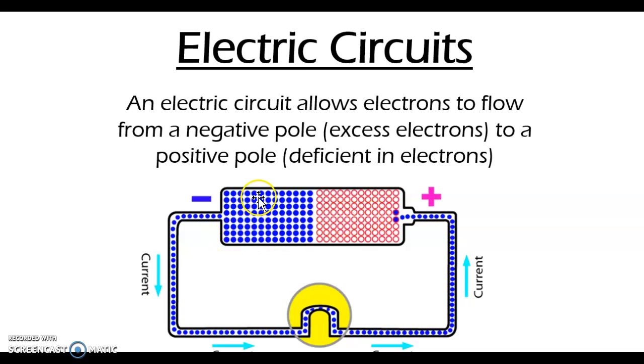Because your electrons are negatively charged, they will go out from that side and be attracted towards the positive side of your battery. So this entire thing is what you call an electric circuit.